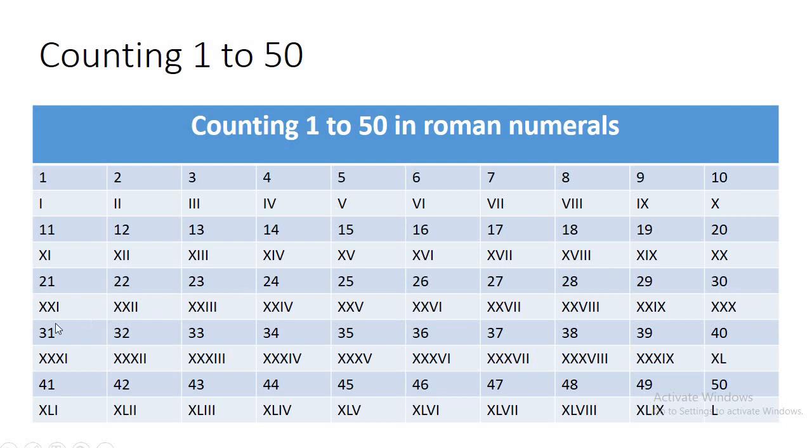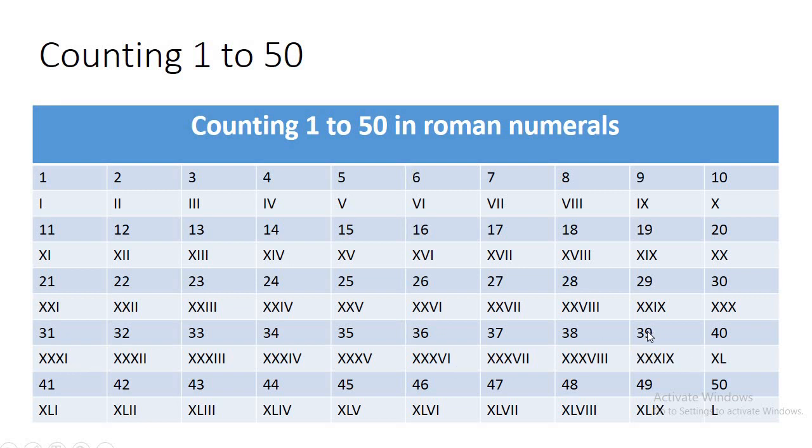Then again from 31 to 39, you have to repeat the same funda, that you have to prefix XXX in front of 1, 2, 3, 4, 5, 6, 7, 8, 9. So the counting remains as such, but you just have to put XXX in front of 1 to 9.